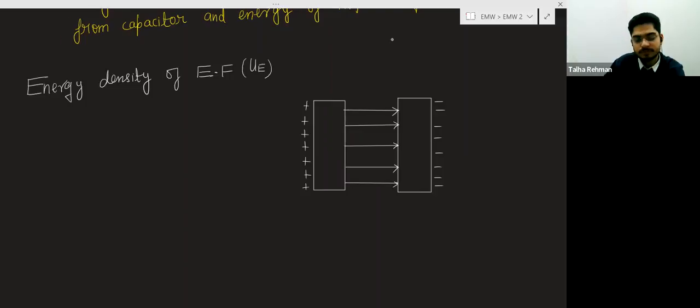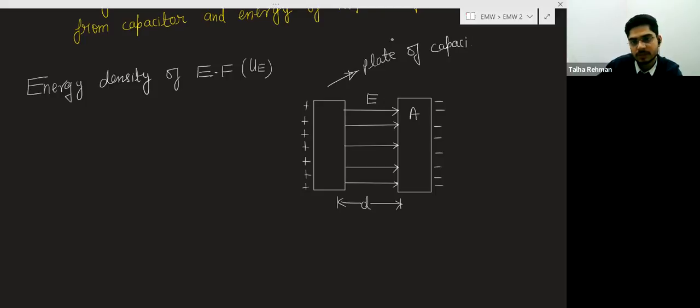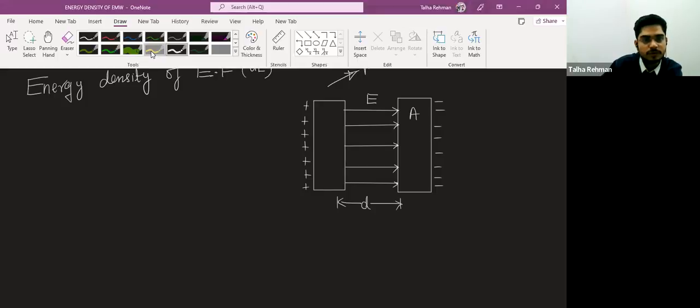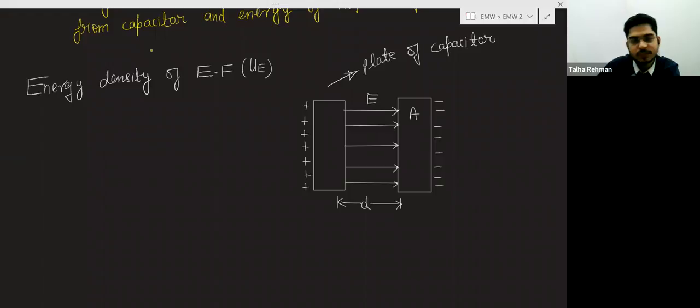We know this, na? Here will be the electric field and A is the area of both the plates. Small d is the distance between the two plates of the capacitor. Now see, what is the energy stored in the capacitor?